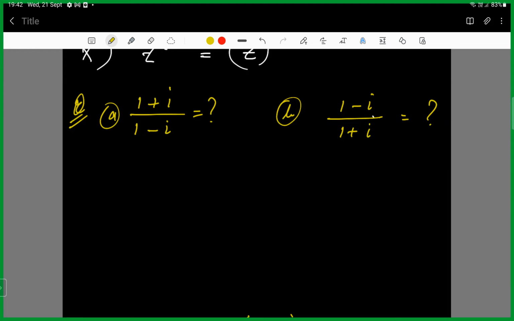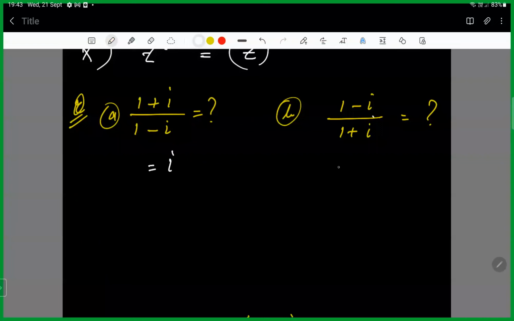Not necessarily, but yes, you multiply it with the conjugate. First one is what?